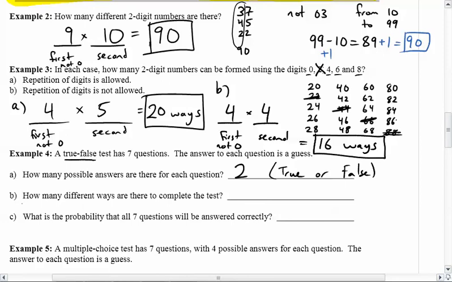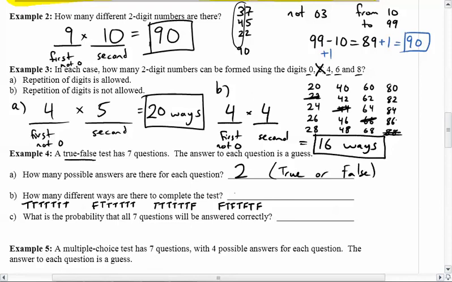Well, you could guess all the answers are true. Or you could guess that the first one's false and the rest are true. Or all the first ones are true and the last one's false. Or false, true, false, true, false, true. It would take me a long time to write out all the possibilities.